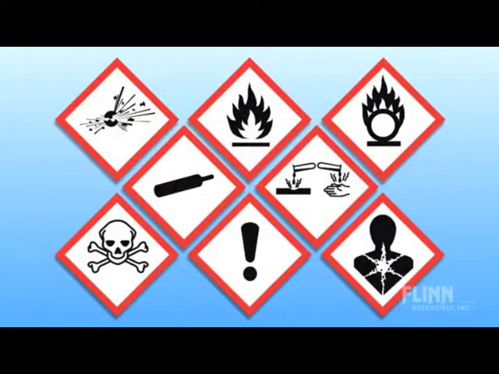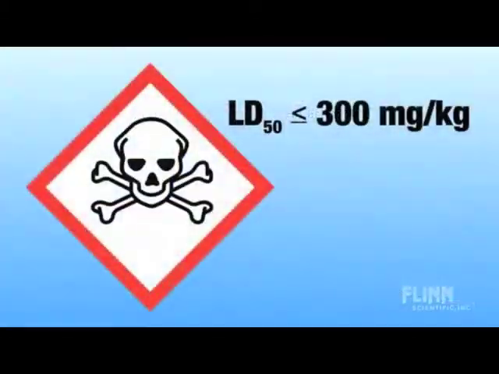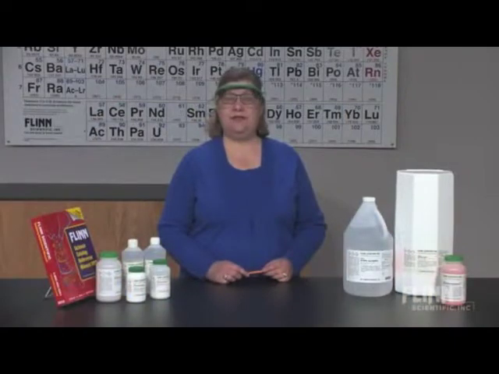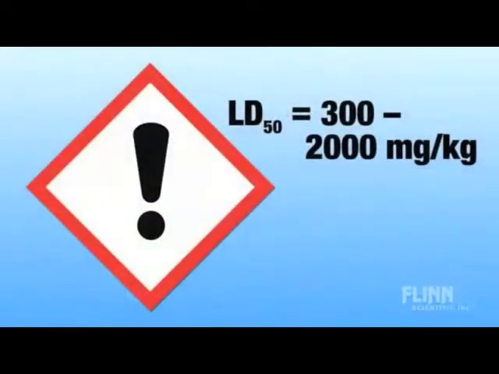health hazards of chemicals. A skull and bones pictogram is used for acutely toxic chemicals, those with oral LD50 values less than or equal to 300 milligrams per kg. For chemicals having oral LD50 values in the range from 300 to 2,000 milligrams per kg, a pictogram with an exclamation point is used.